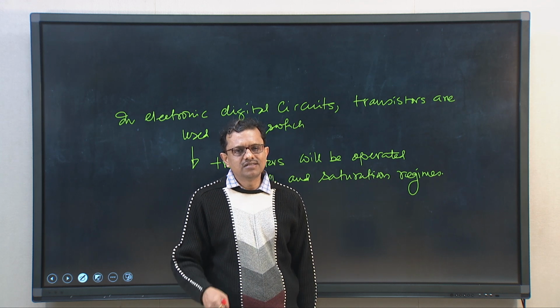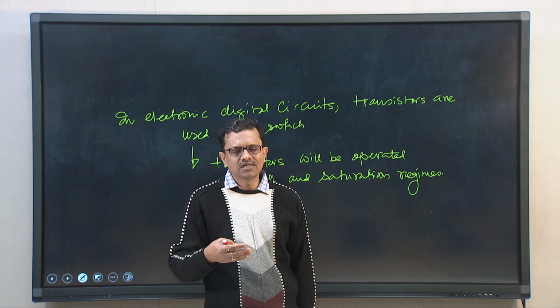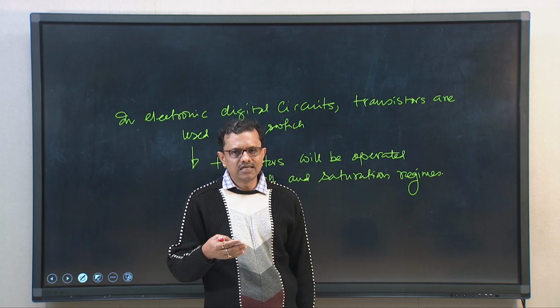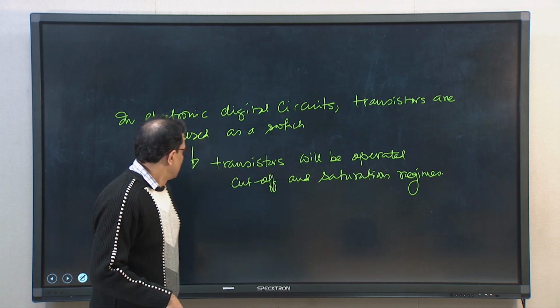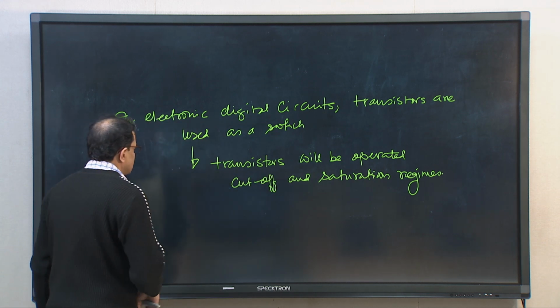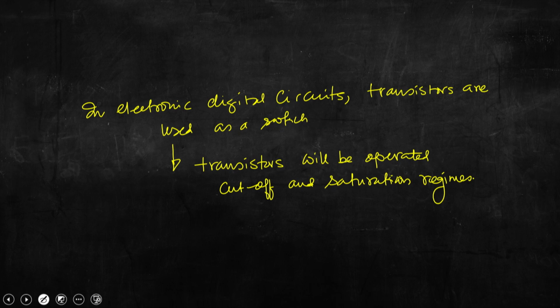So, it is saturated, and no further current can be increased. It is just on. This is the saturation regime. We know that when a transistor is in saturation, it has very low resistance. As I said, a further increase in IB will not increase the collector current IC; it is saturated.